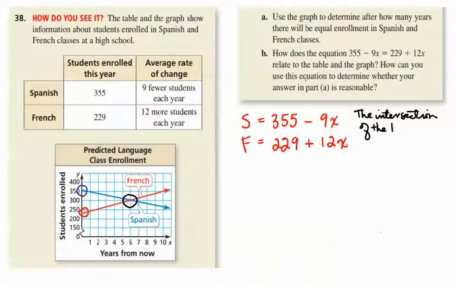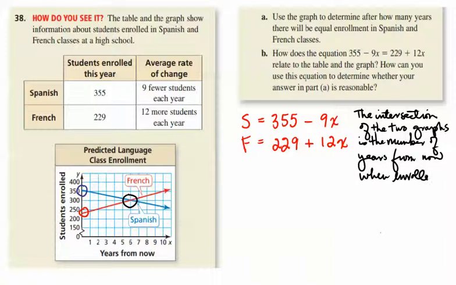The intersection of the two graphs is the number of years from now when enrollment in both classes, I shouldn't say classes, it's really in both subjects, will be the same.